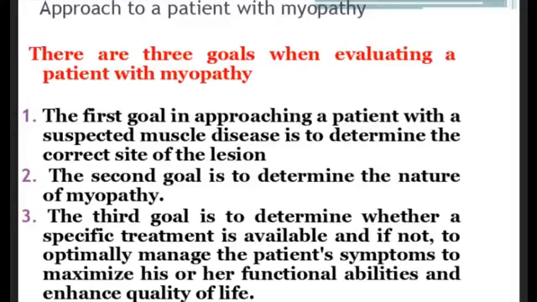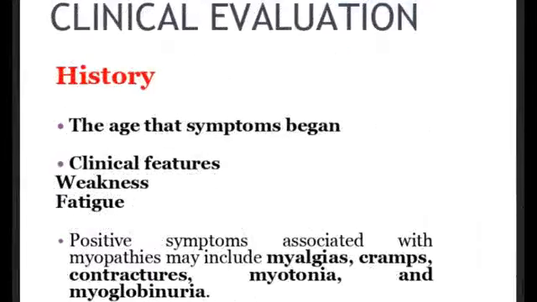Second is to determine the nature of the myopathy, and third is to determine whether a specific treatment is available, and if not, to optimally manage the patient's symptoms to maximize his or her functional abilities and enhance quality of life.